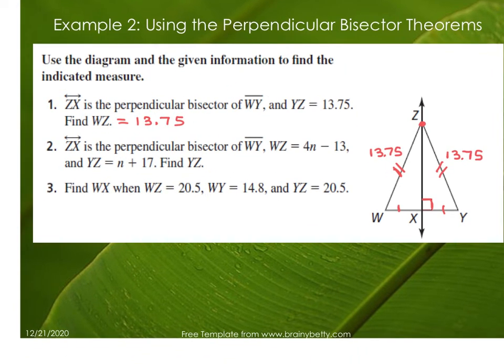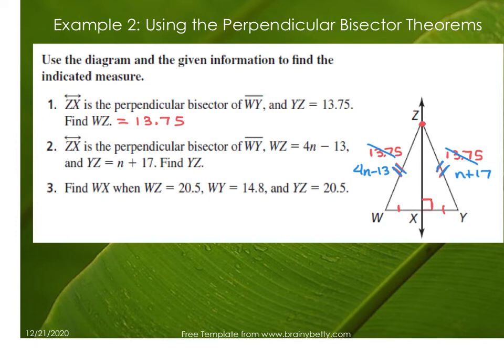So now I'll cross off the red. They told me WZ is equal to 4n minus 13, and YZ is equal to n plus 17. Because the given was the same, these two segments are still congruent. They're still equal. So in order to find the length of YZ, I need to find the value of n and then plug it back in.